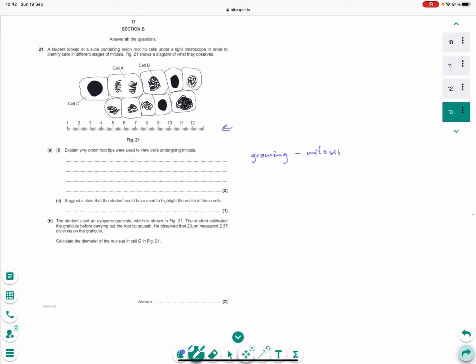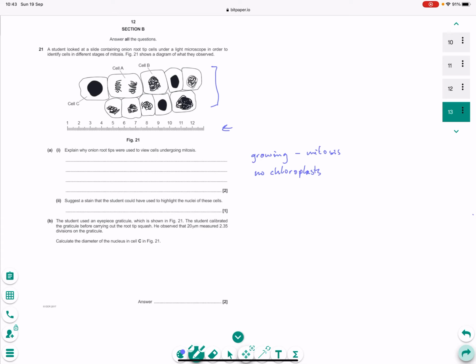The other thing is that because they're underground, it has no chloroplasts, which would get in the way of an otherwise clear field of view. A lot of plant cells, obviously above ground in the leaves, have many chloroplasts that would obscure such a view that you can see there. Drawn rather nicely, I might say.